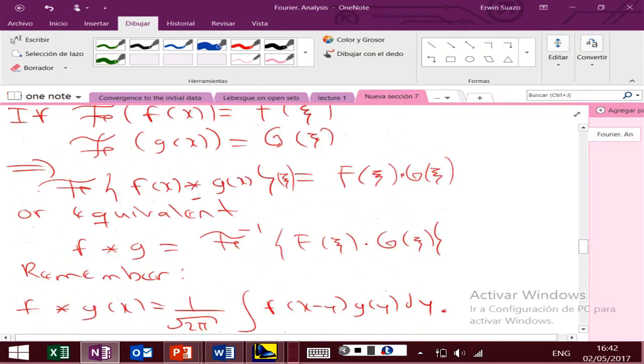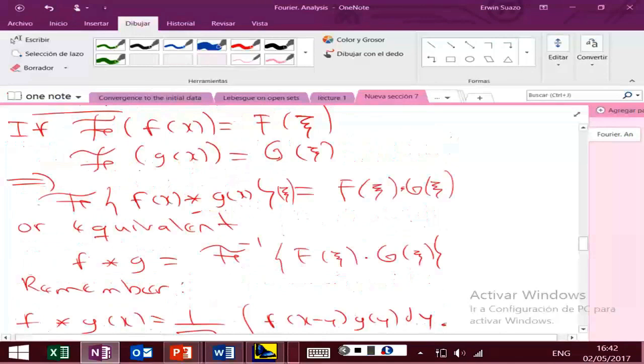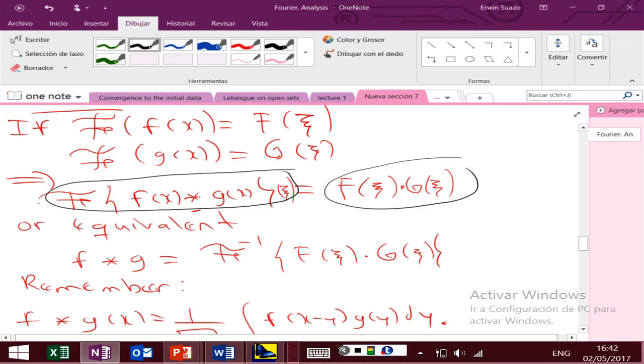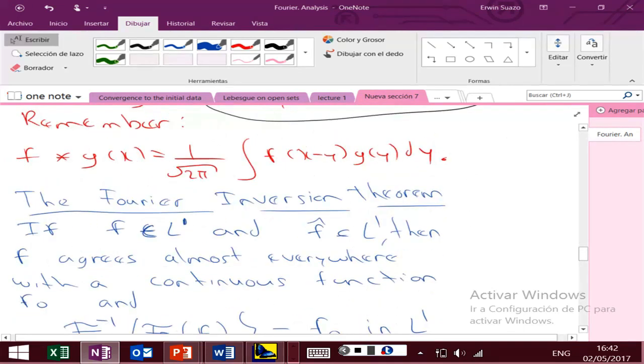And the other one is this: the Fourier transform of a convolution is the product of the Fourier transforms, or saying it another way, the Fourier inverse of the product of the Fourier transforms is the convolution of the original ones. So that's the one that I'm going to need.